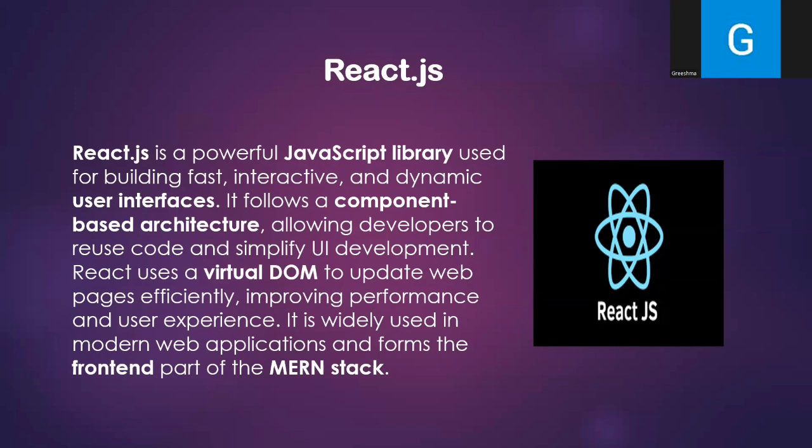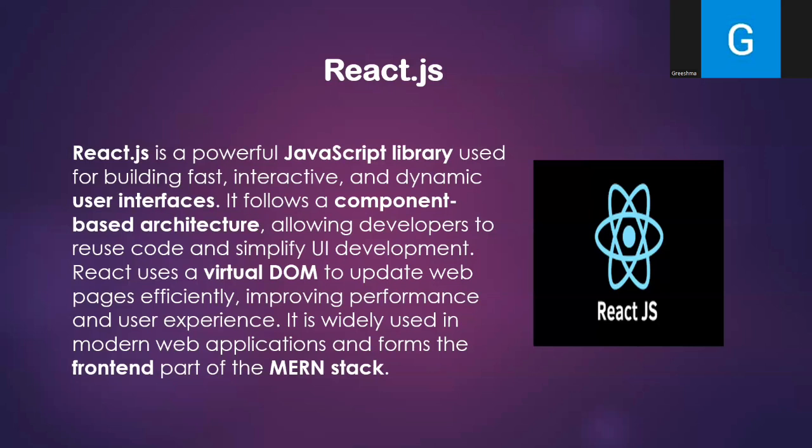React also uses a virtual DOM, which updates only the parts of a web page that change, improving performance and speed. In our project, React.js helps create a smooth, user-friendly interface where users can easily browse and book rooms.